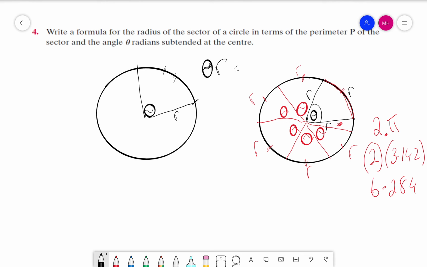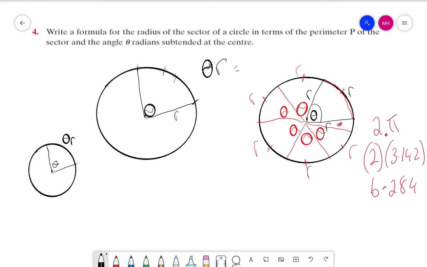So to answer this question, do a third circle. It's a general formula that you're trying to find. We have an angle in radians. We know that this distance here is going to be the same as that angle in radians times the radius.